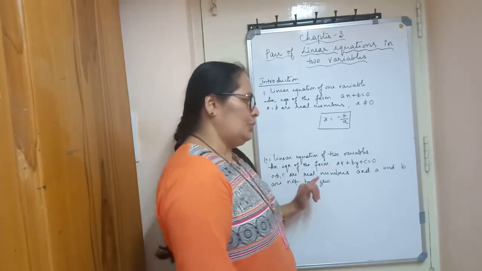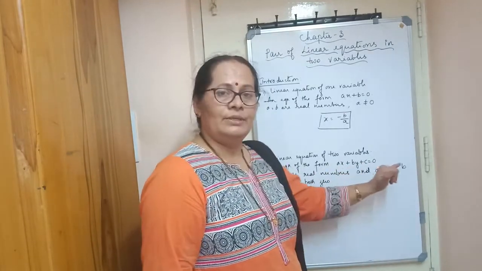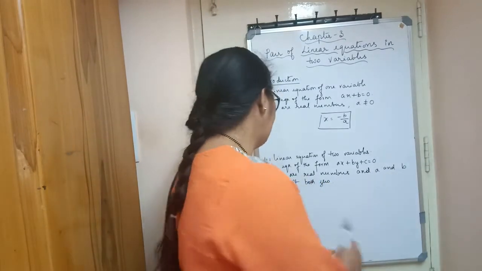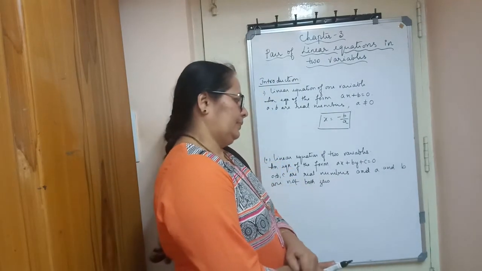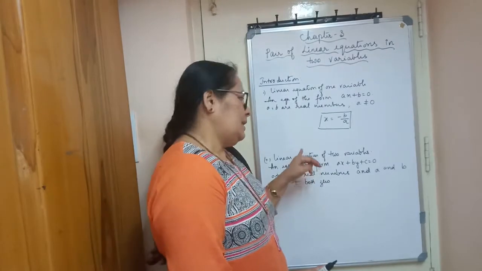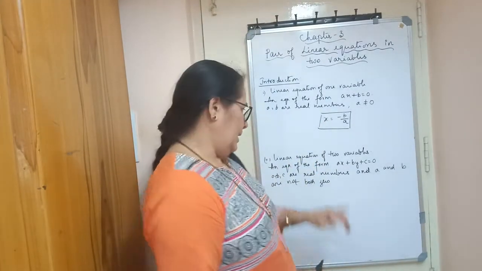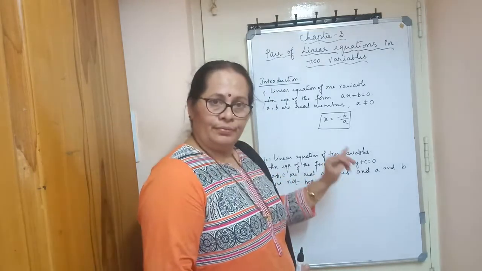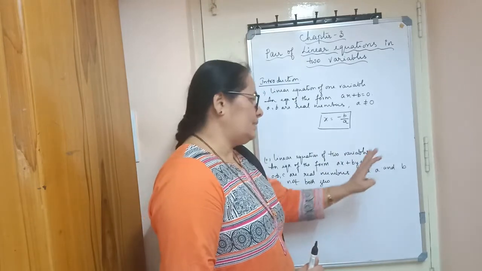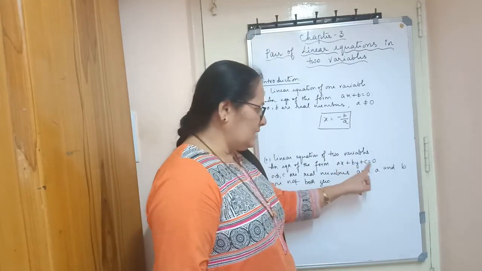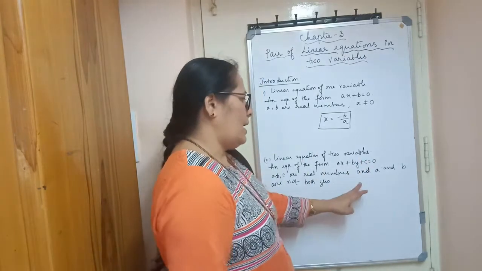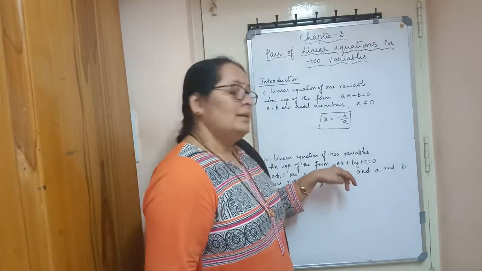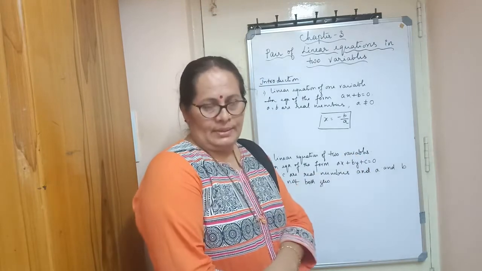An equation of the form ax plus by plus c equals 0, where a, b, c are real numbers and a and b are not both 0, is a linear equation of two variables. Here the two variables are x and y.